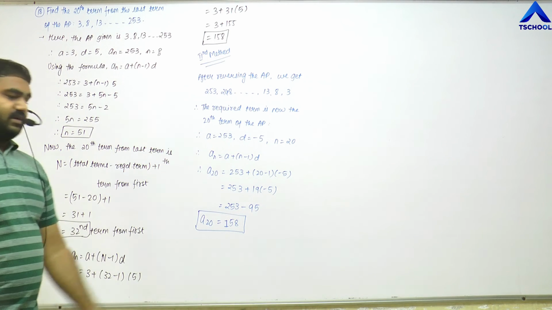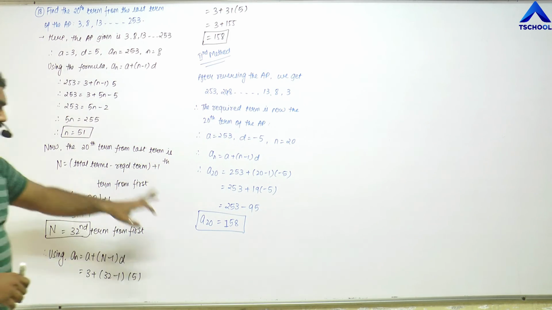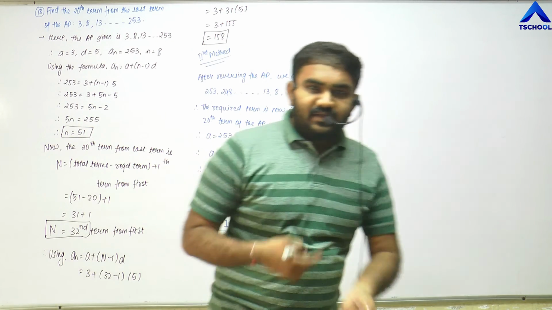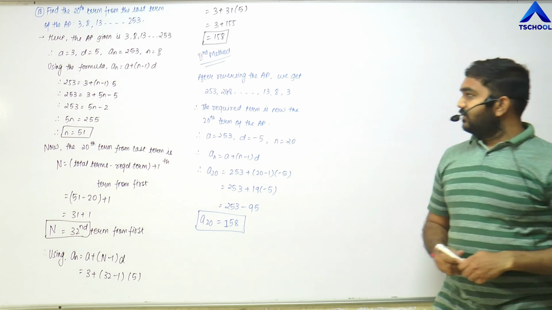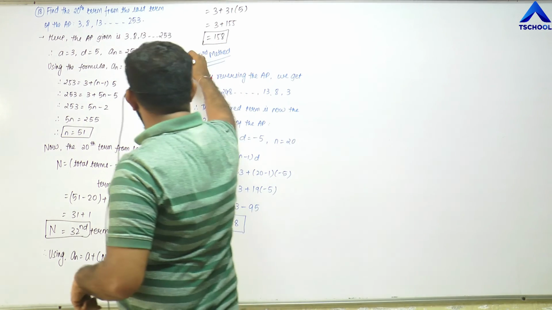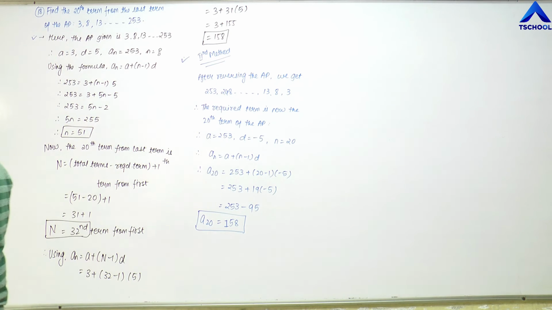See friends, this 158 is the 20th term from the last for the given AP, and is also the 20th term from the first if we reverse the AP. So that is the second method that is also applicable, and that is the first method that is also applicable. So you can use any of these methods to solve this sum. Rather than doing the second method, you can also solve it by first method if you know it, right?